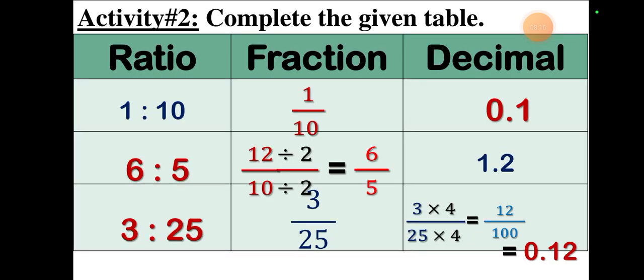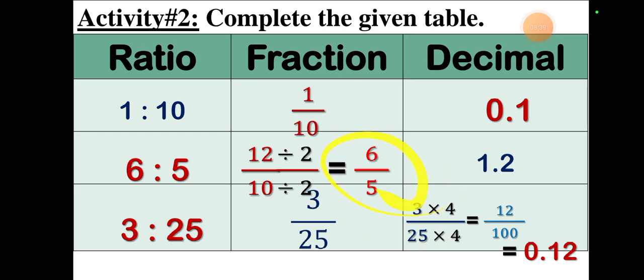Complete the given table. Like the ratio I have is 1:10. In fraction I will write 1/10, and in decimal I will write 0.1, as it's a decimal fraction, not a common fraction. Next, 6:5. First of all I will write 6/5.